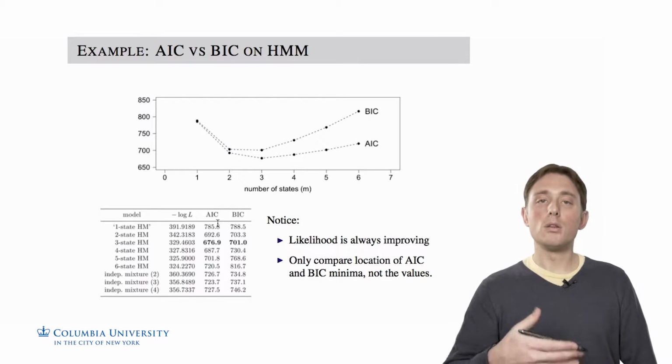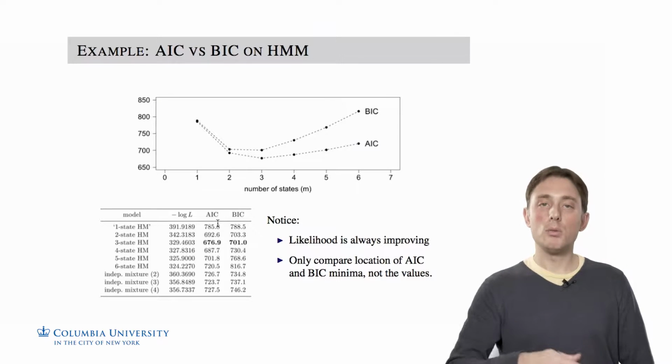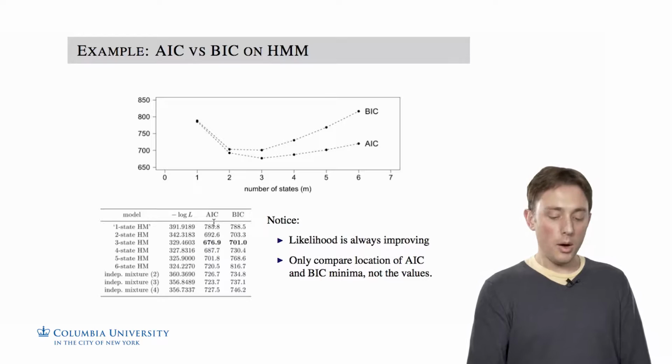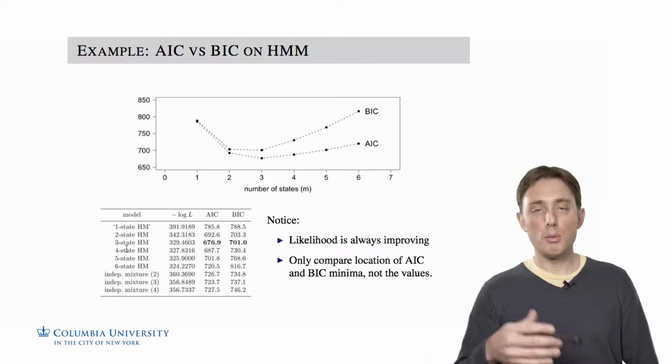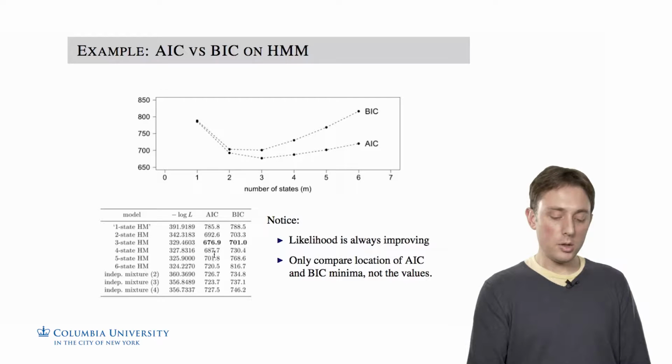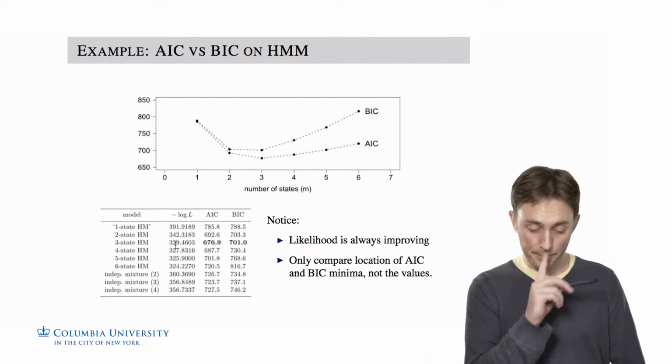So our improvement in the log likelihood is more than the penalty we're paying for adding more parameters. However, at some point in both of these cases, we start to pay more of a penalty. For example, when we go from a 3 to a 4-state HMM, we're paying more of a penalty for adding those parameters than we're gaining by improving the log likelihood.